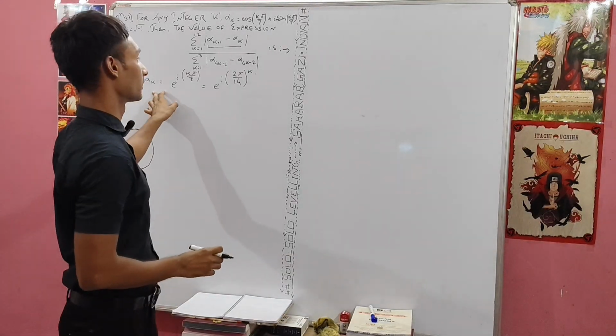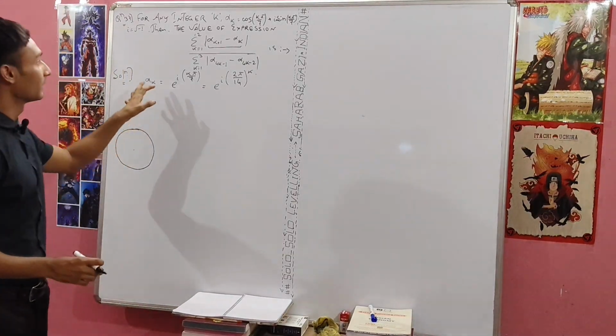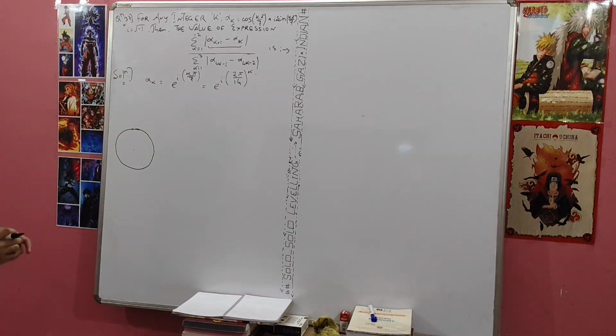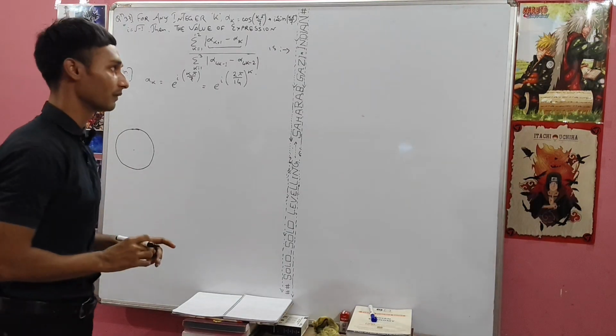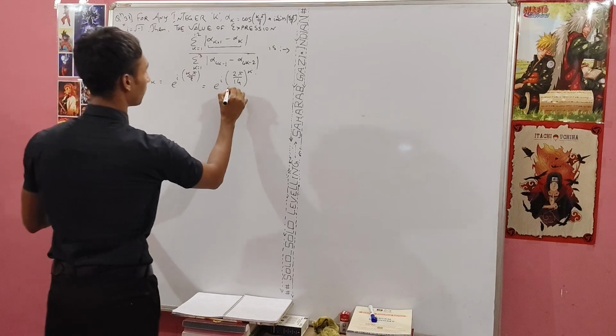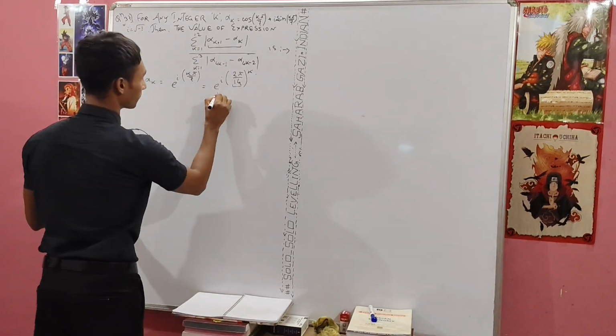So alpha, there are 14 values of alpha, you will get 1 and then alpha 1, dot dot dot, up to alpha to the power 13. It's the 14th root of unity.